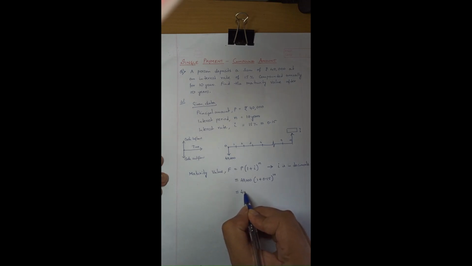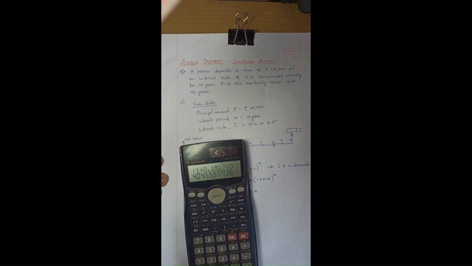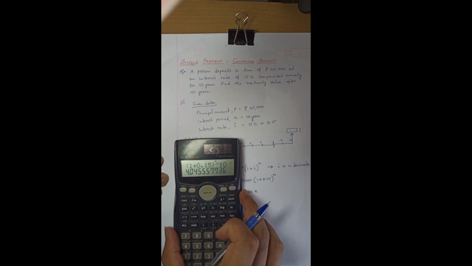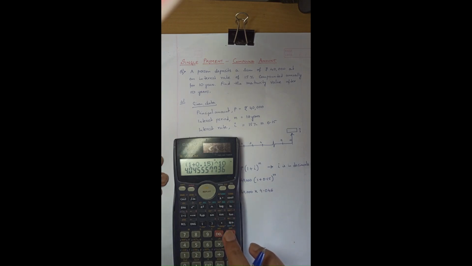So 40,000 multiplied by (1 plus 0.15) to the power of 10, and the value I am getting here is 4.046. Up to 3 decimals you are supposed to take for these problems.